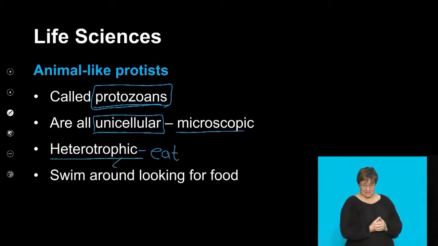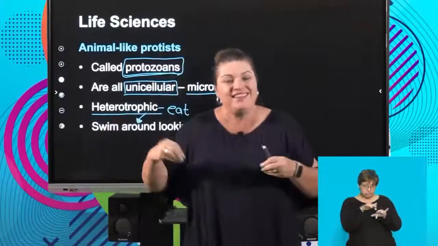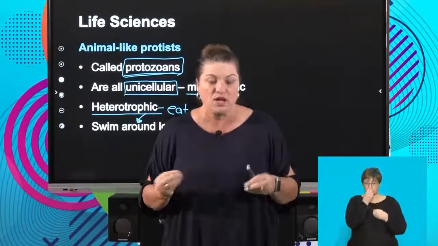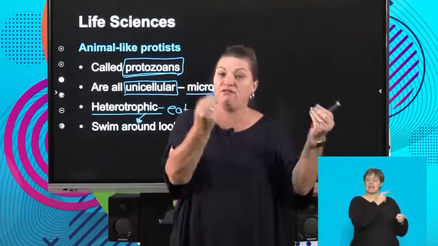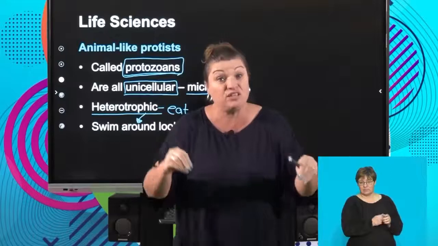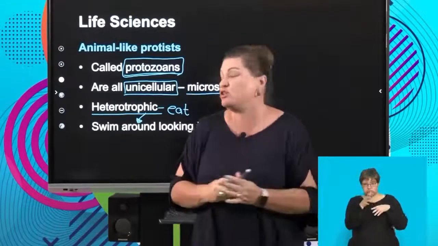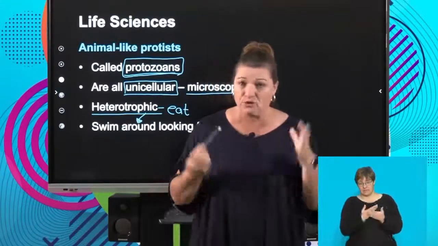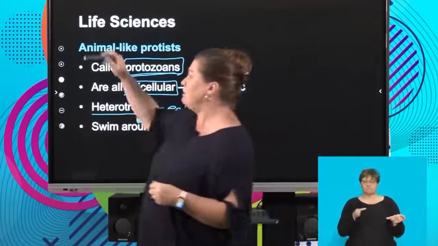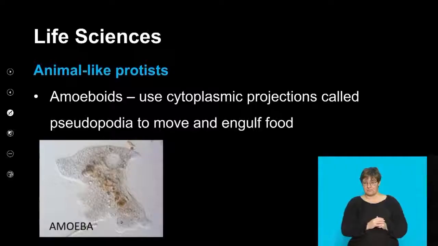And that's what they spend most of their time doing. They need to swim around or to move, and they need to get the food. Whereas the algae part, chlorophyll, they could photosynthesize. These little guys need to get to where they need to go so that they were able to get food. These are the groups that we are looking at when we get to these animal ones.